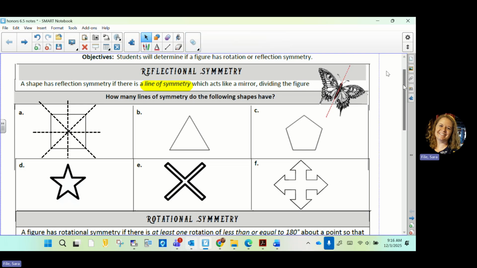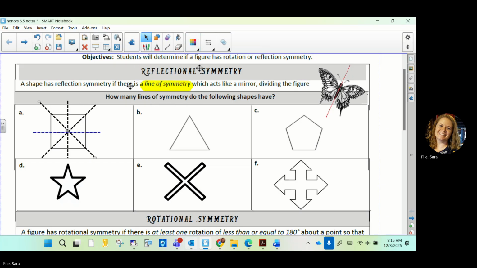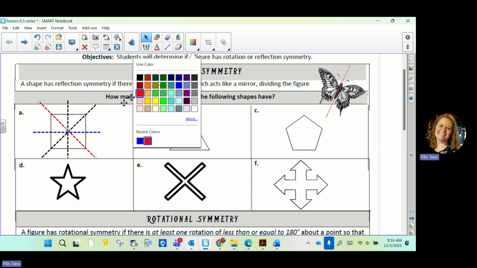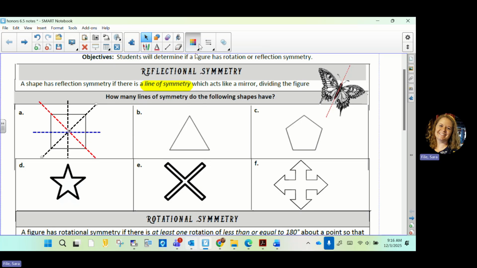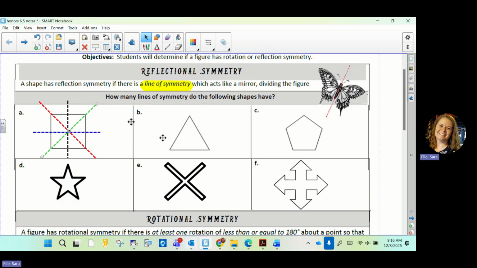Here, I'll color code them. So I did the first, here was the second, the third, and the fourth. So I drew 4 different lines of symmetry. So this definitely has line symmetry.